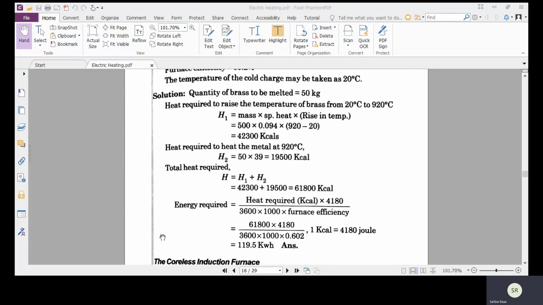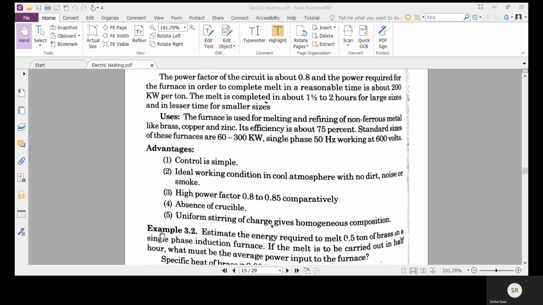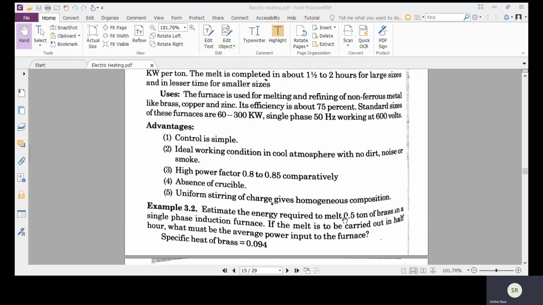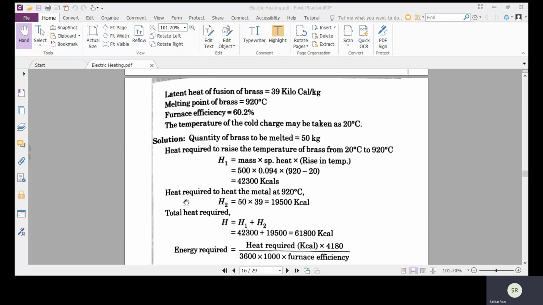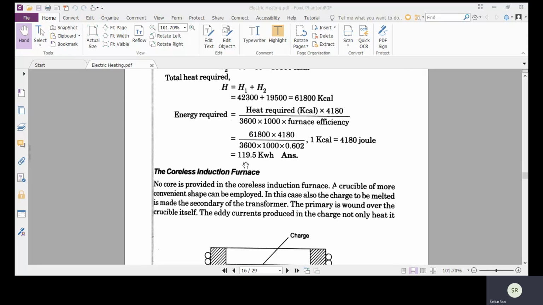So energy required to melt 0.5 ton of brass in a single phase induction furnace is 119.5 kWh. So all this is about the core type induction furnace.